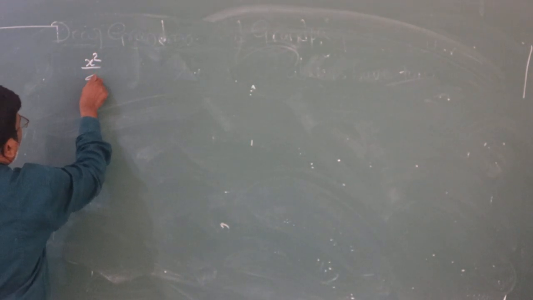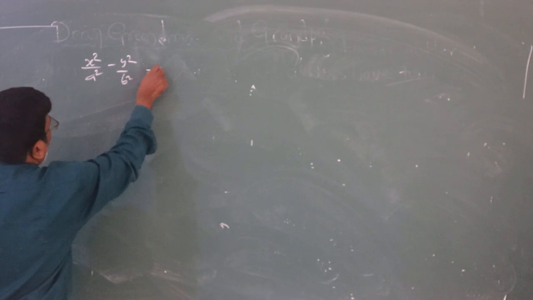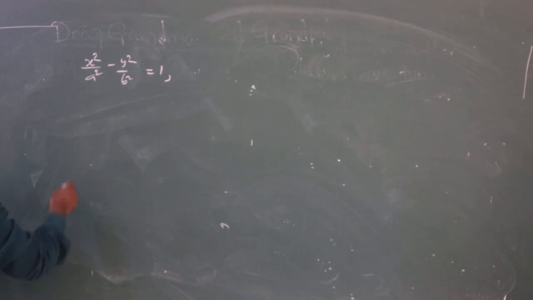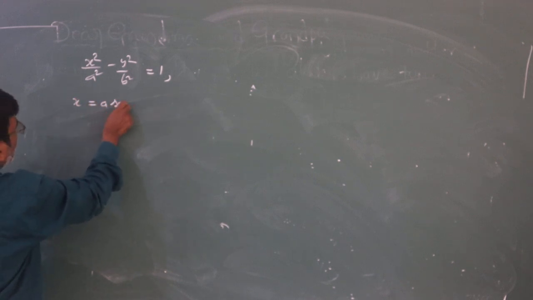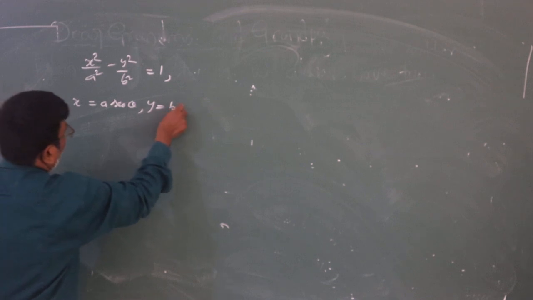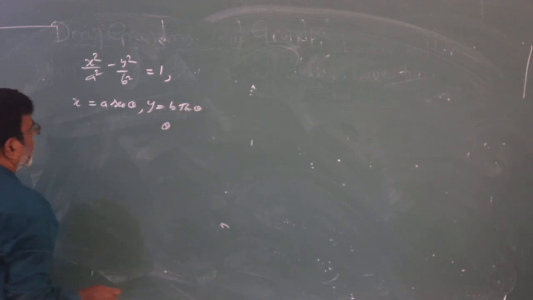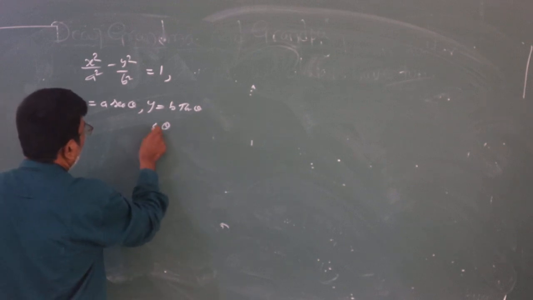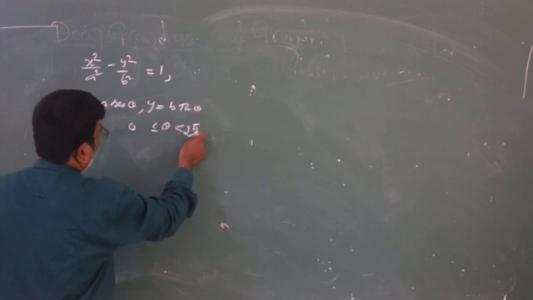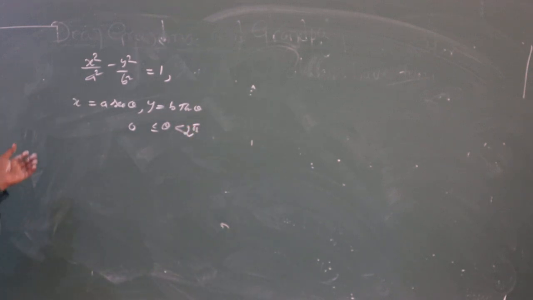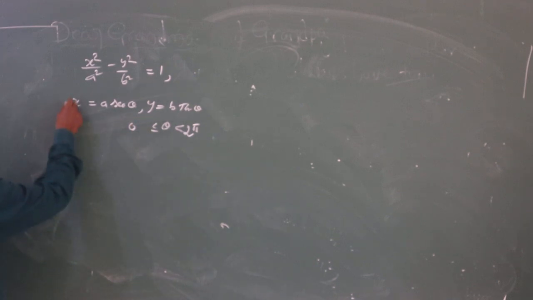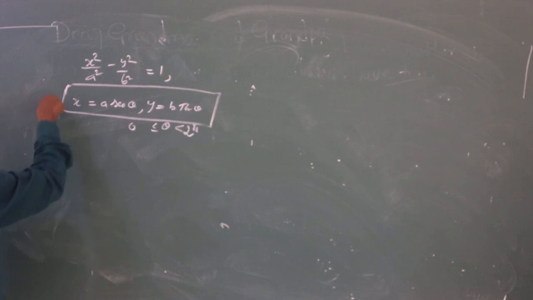For x square by a square minus y square by b square equals 1, the parametric form is x equals a secant theta, y equals b tan theta, where theta lies between 0 and 2 pi, excluding some values. This is the parametric form of the hyperbola.